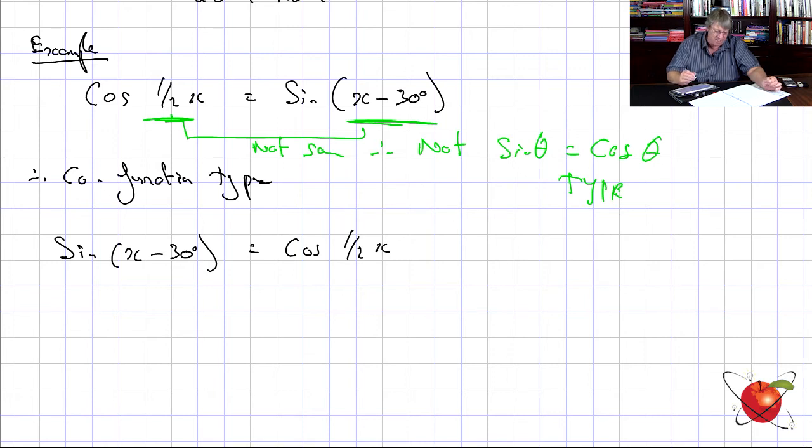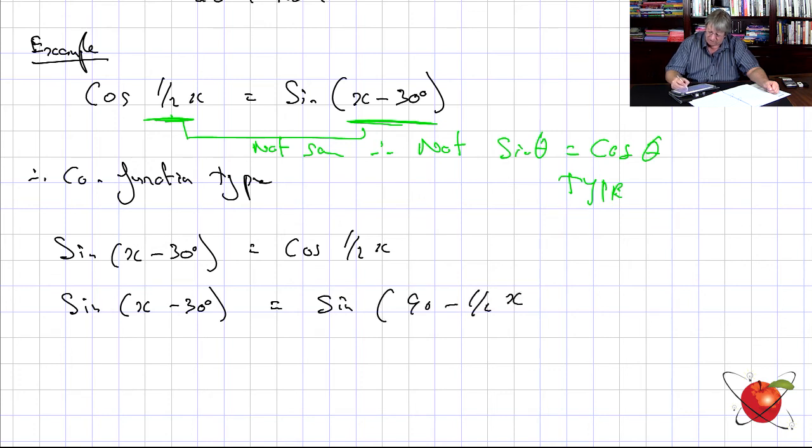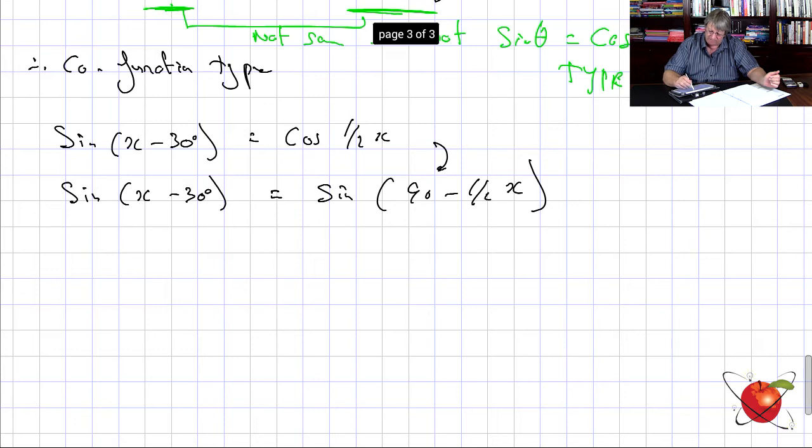Now I'm going to change that cos to a sine. I chose to do this because the previous one I did the other way. This is going to be sine of 90 minus a half x. Can you see? Why did I do this? It's just simpler. But in essence, you could have done it the other way around. It makes no difference whatsoever.